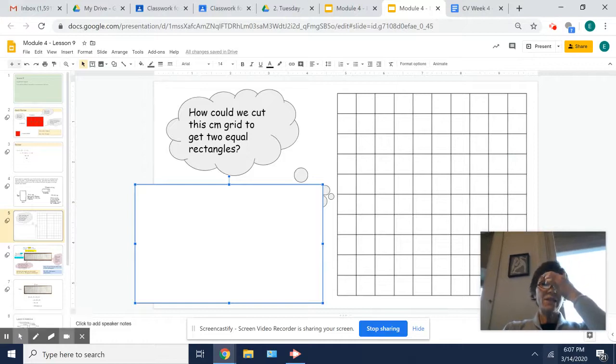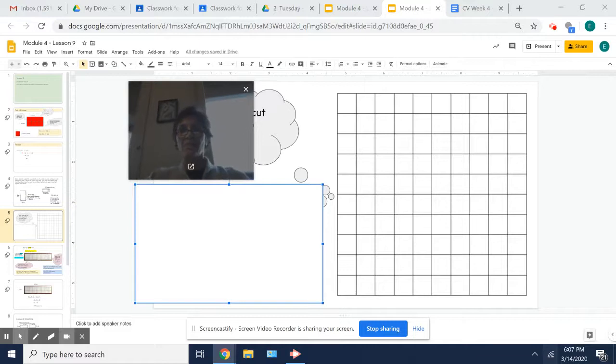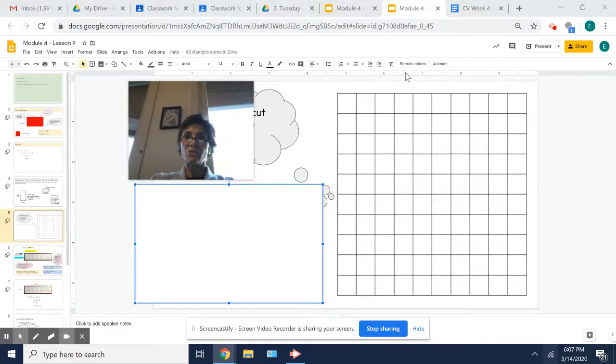Okay, let's look at this grid. How could we cut this centimeter grid to get 2 equal rectangles? Let's look at the centimeter grid. We need to cut it in half to get 2 equal rectangles. So I'm going to look at this side here and see how many squares there are along this side. 1, 2, 3, 4, 5, 6, 7, 8, 9, 10.